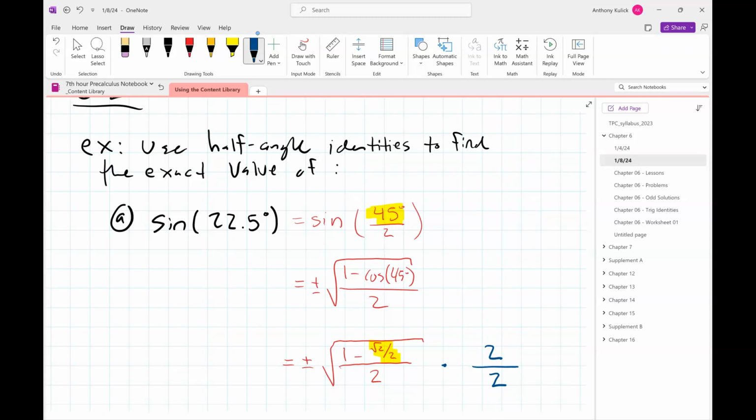But I need to do something else also. What is different about this identity than any of the previous identities we've looked at? That's going to matter for this step anyways. It's not the plus or minus, although that is true. That is different from all the other identities so far.